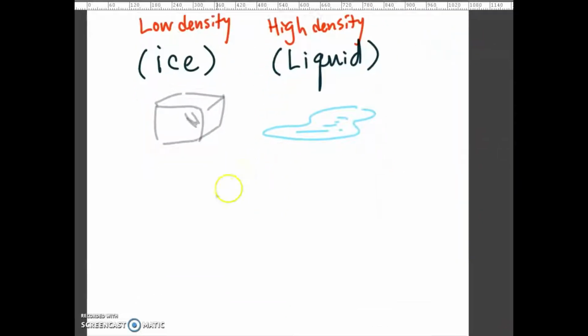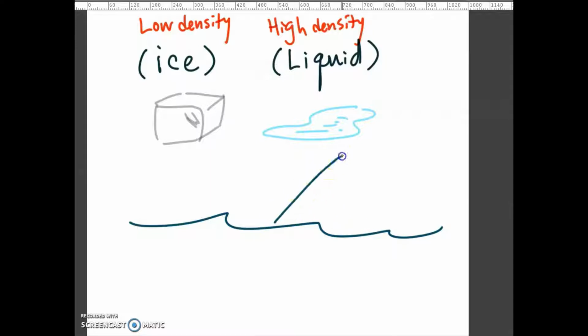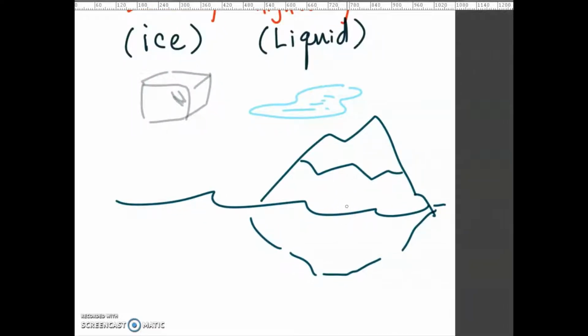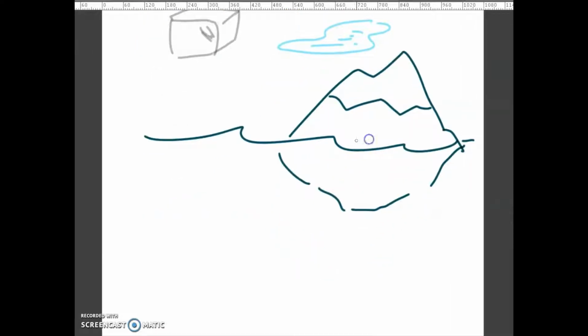So that means that on a large body of water, you have your large icebergs. Ice is going to float on top of your oceans, on top of your drinks, and so on and so forth. Why is this important?